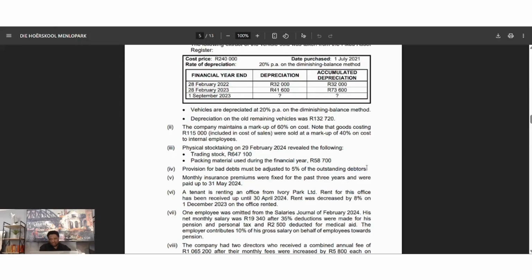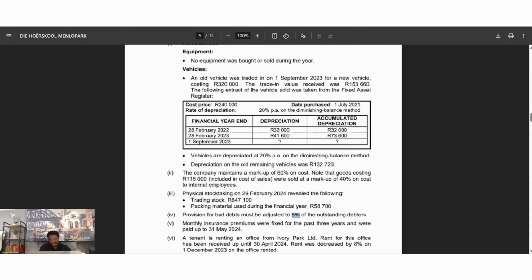So when you get this information, one of the things that you need to look for is, before they said this, what transactions were reported that were affecting debtors control. Luckily in our case there wasn't any, but if there was, we would need to first take that information into account, and then it could either decrease or increase the debtors control.